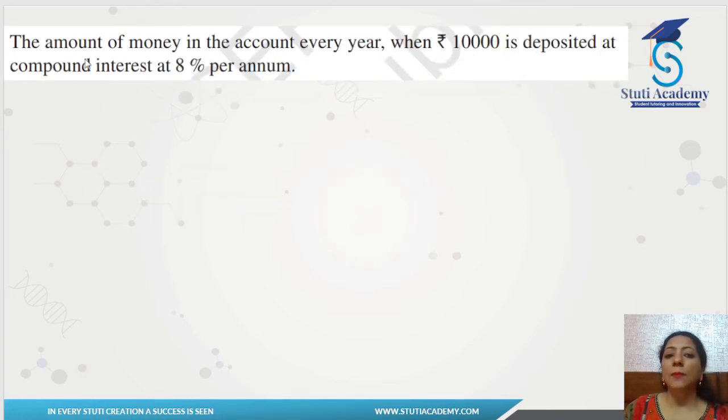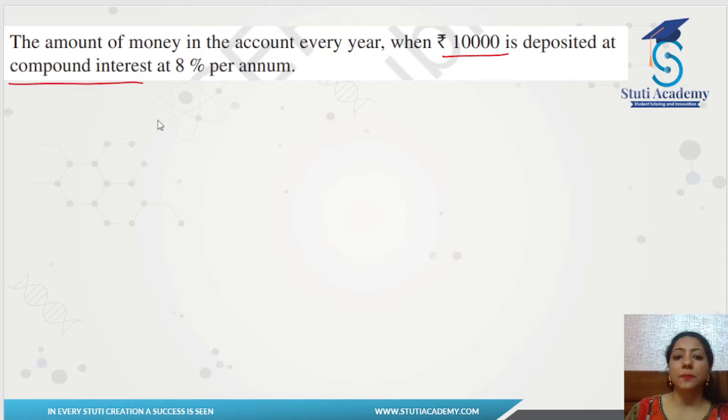Now we have the amount of money in the account every year when 10,000 rupees is deposited at compound interest at 8% per annum. So here this is the case of compound interest.